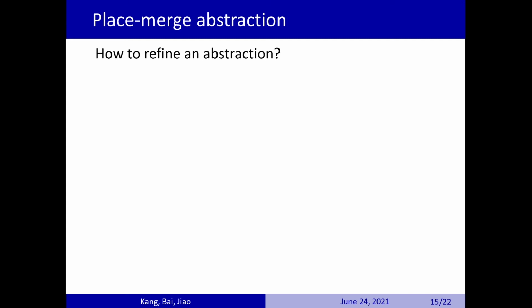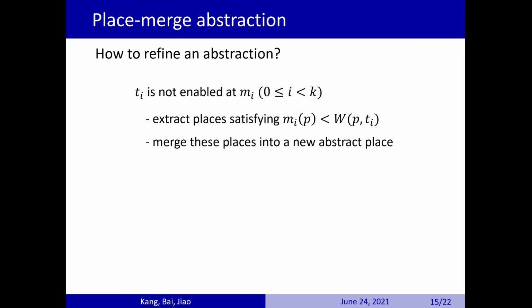After knowing when a counterexample is spurious, let's see how to refine an abstraction to rule out a spurious counterexample. The first case: when Ti is not enabled at Mi, there must exist some places p such that Mi(p) is less than W(p, Ti). These places lead to Ti not being enabled, so we extract these places and merge them into a new abstract place.